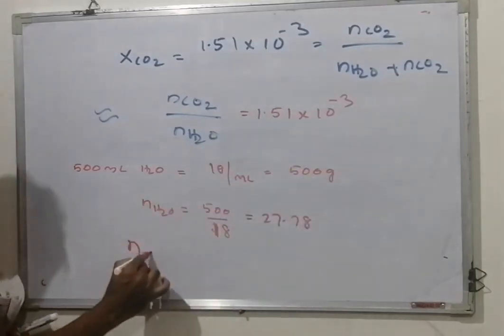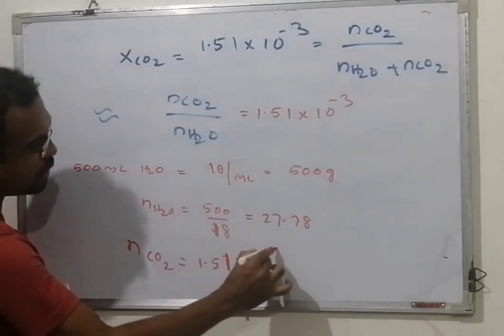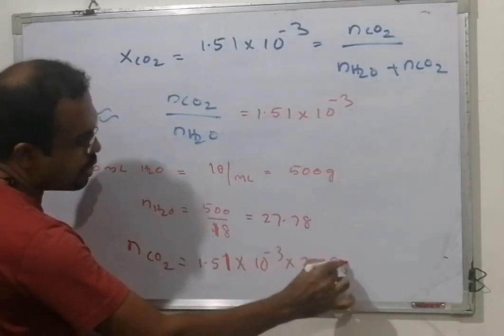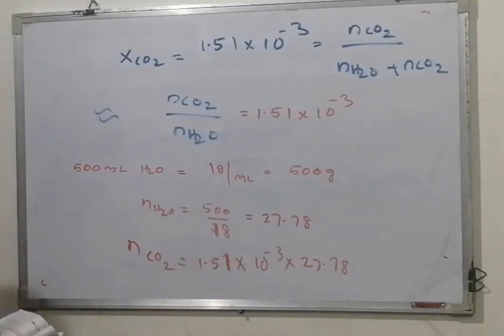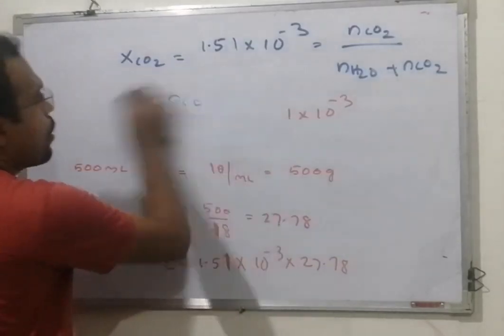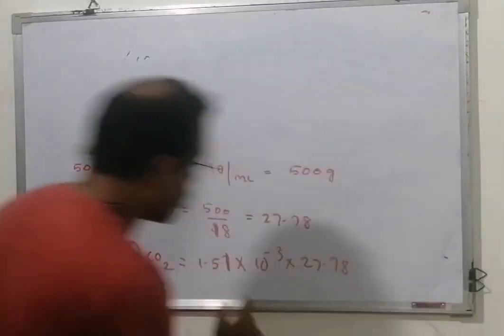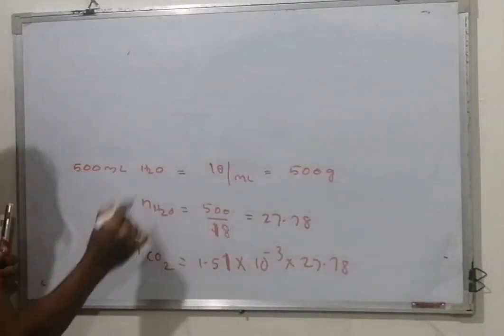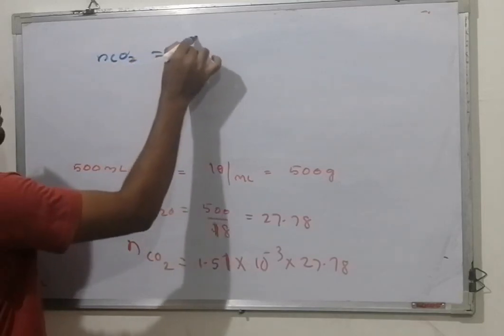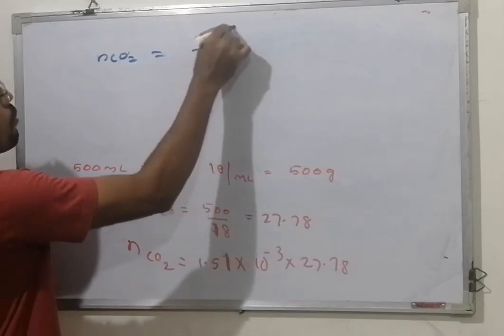Therefore, number of moles of carbon dioxide is equal to 1.51 into 10 raised to minus 3 into 27.78. Now, what is the mass of the carbon dioxide dissolved? Number of moles of carbon dioxide means mass divided by 44, the molar mass.